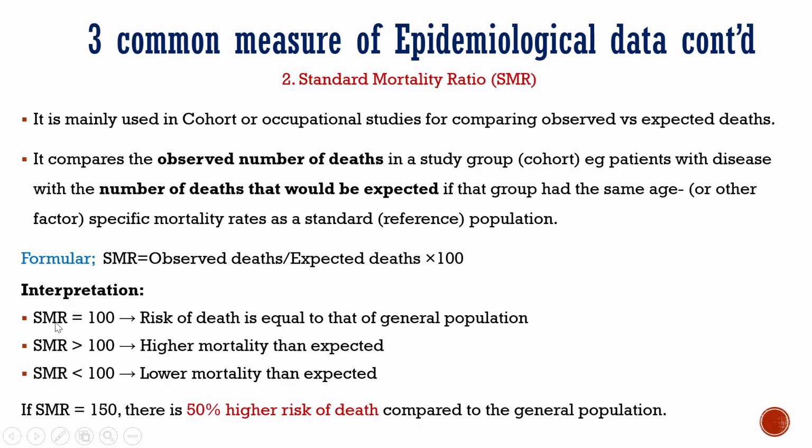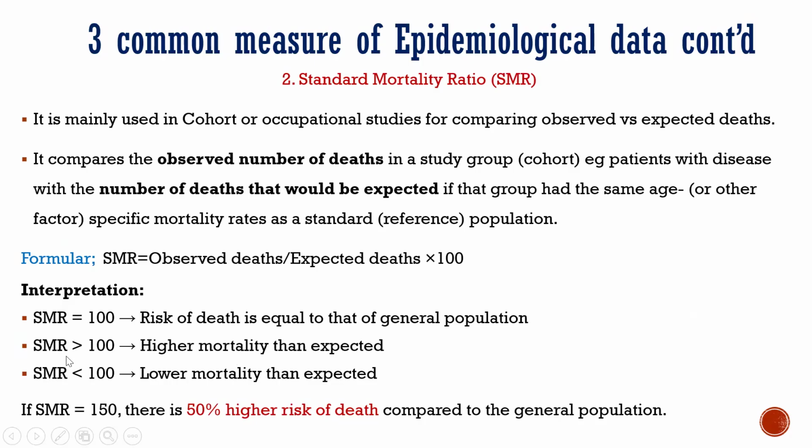If the SMR, which is the standard mortality ratio, is equal to 100, it means that the risk of death is equal to that of the general population. Do you understand? But if the standard mortality ratio among the study group is higher than 100, that means there is higher mortality than expected. Let's say you are studying a group of people that has diabetes, against a standard population.